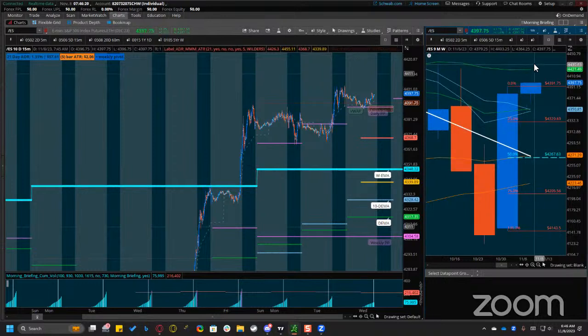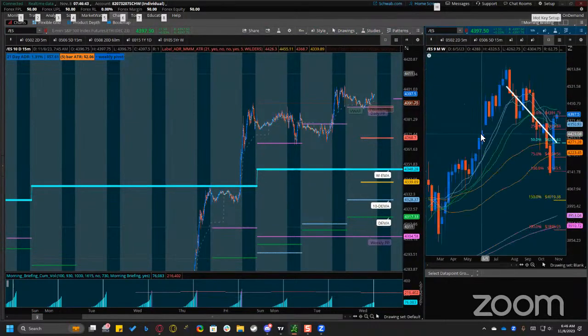Below 4430, we've still got the threat that this isn't going to make it through that zone. So one thing at a time, we've got to get into that zone. 4432 is a cog line. And then we've got to get past it and close above it on a weekly. And so far, we haven't even managed to get into it.